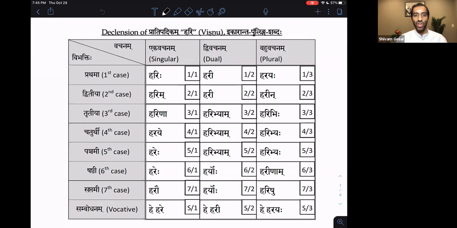Harehe, haryoho, harinam. Haro, haryoho, harishu. He hare, he hari, he harayaha.